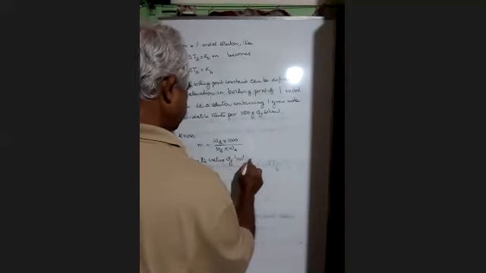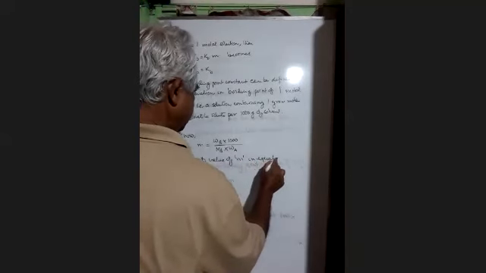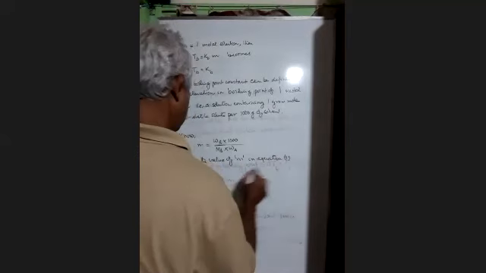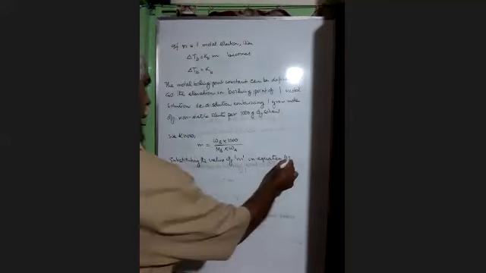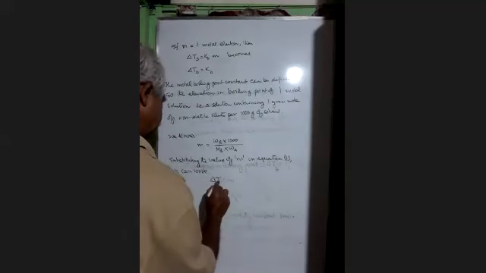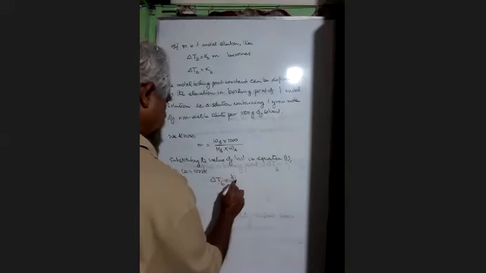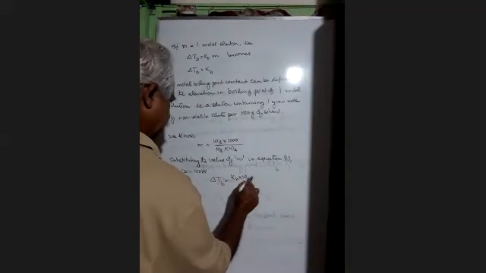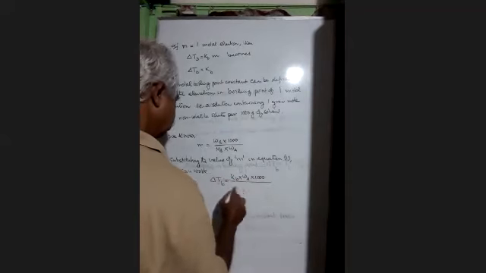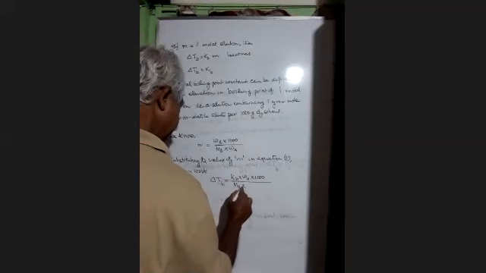Substituting the value of m in equation 1, we can write that delta TB is equal to KB into WB into 1,000 divided by MB into WA.